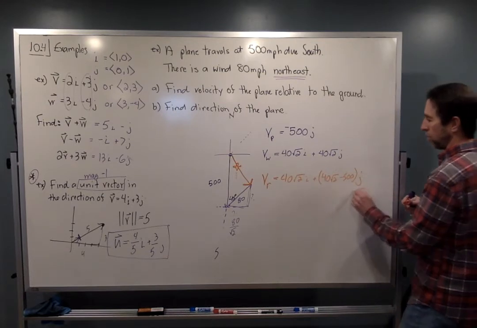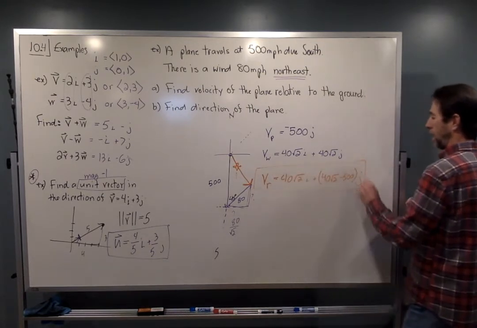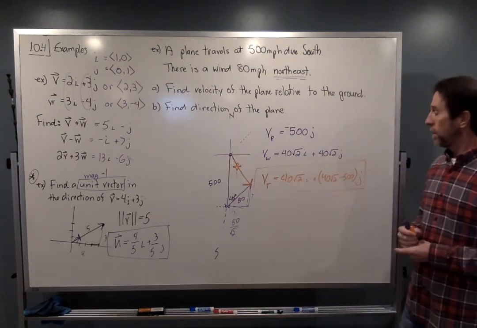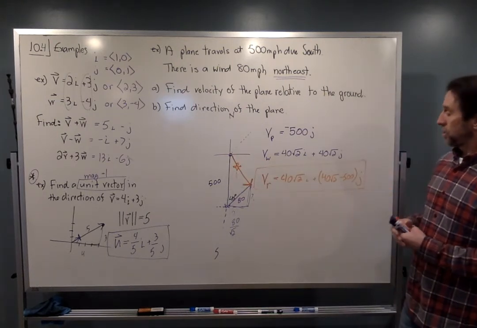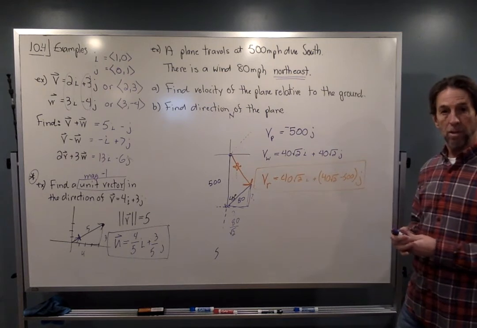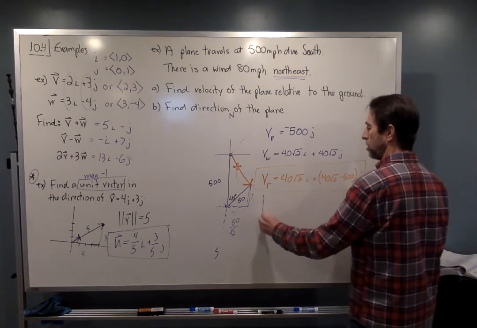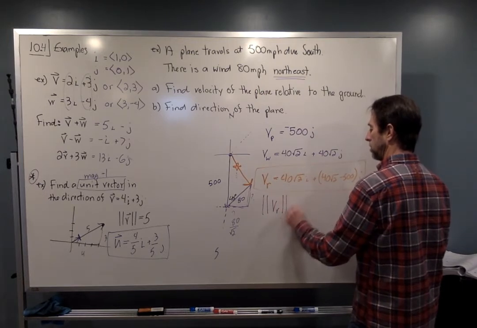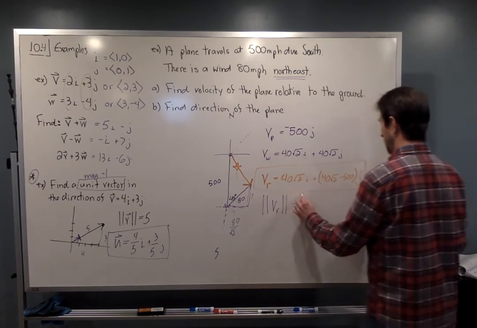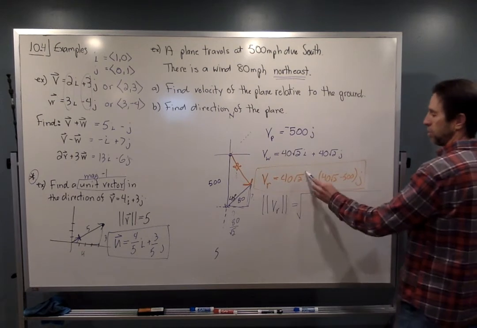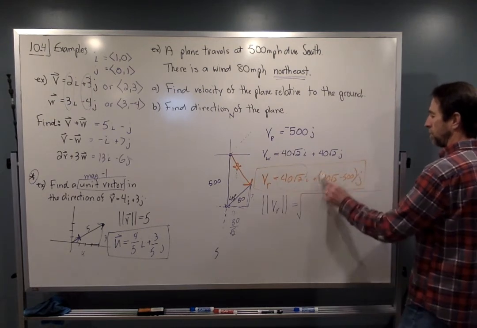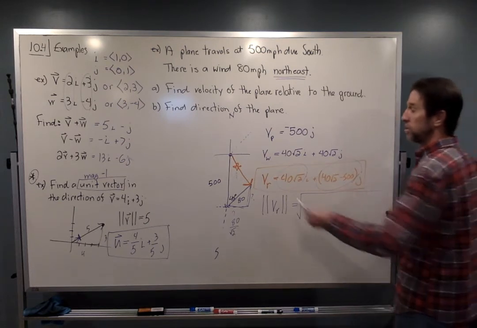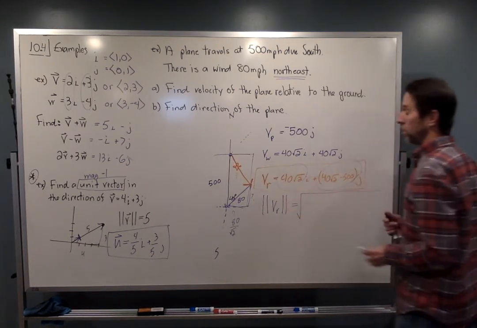So that's the vector represented by that orange ray. And now if I want the velocity of the plane, I just have to find its magnitude. The magnitude of that resultant is going to be, and I'll let you finish this, square root of this squared plus that squared. That's just the Pythagorean theorem. That's all it is. Because I have already found these two values.